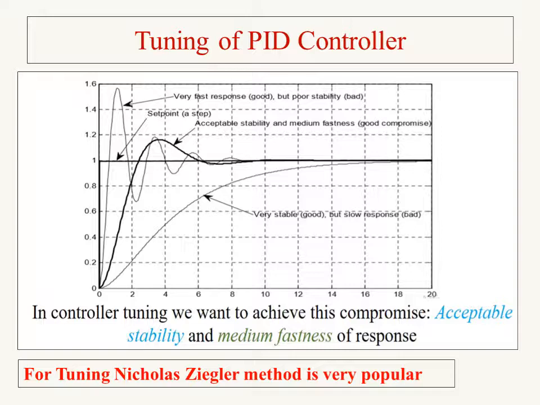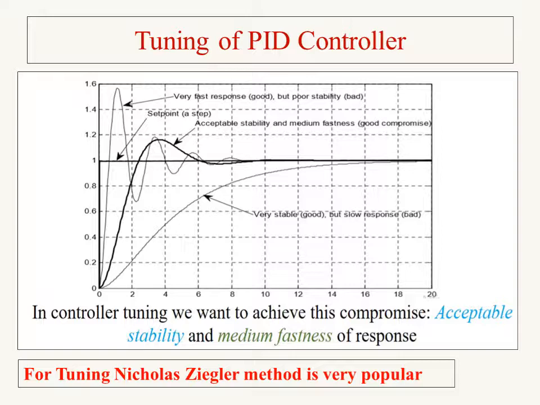If you use this one, it is very stable, which is good, but the response is slow, so you achieve the output in a long time. So this is a compromise, using PID and its parameters. That is called controller tuning. We want to achieve this compromise of acceptable stability and medium fastness.